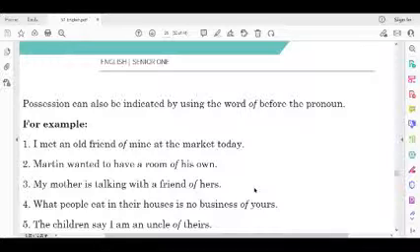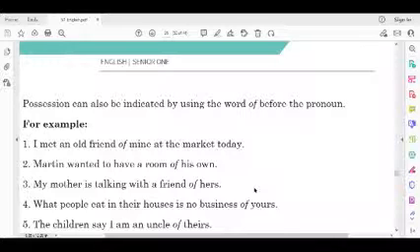Possession can also be indicated by using the word of before the pronoun. Apart from just using yours, mine and so on, possession of something can also be shown by using the preposition of before the pronoun. So we are going to look at what this means.